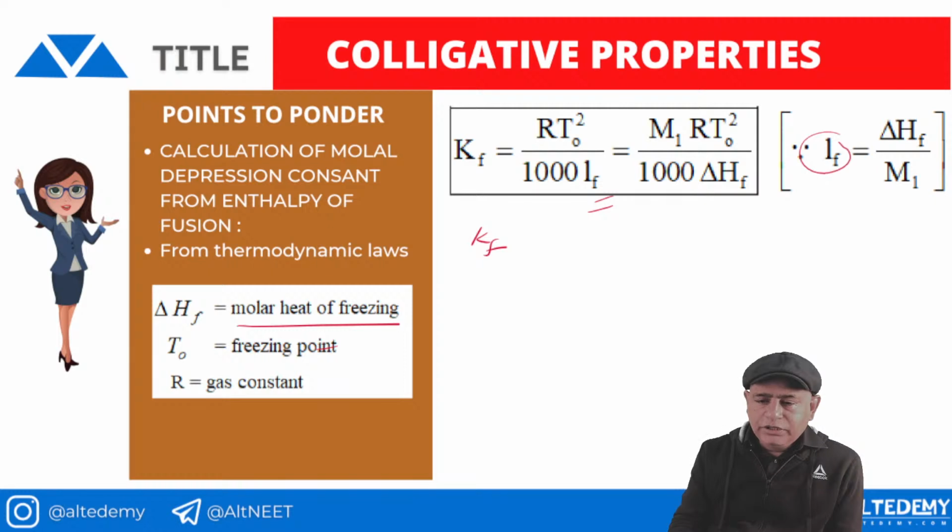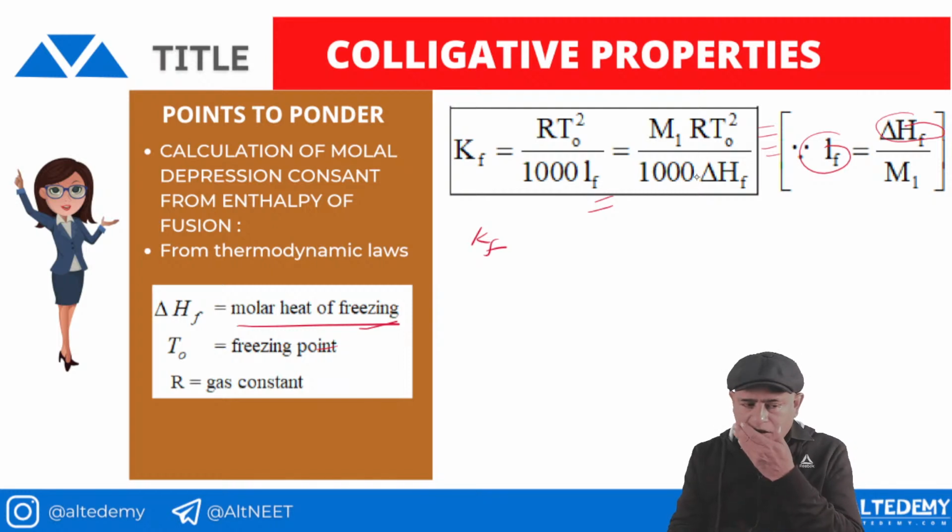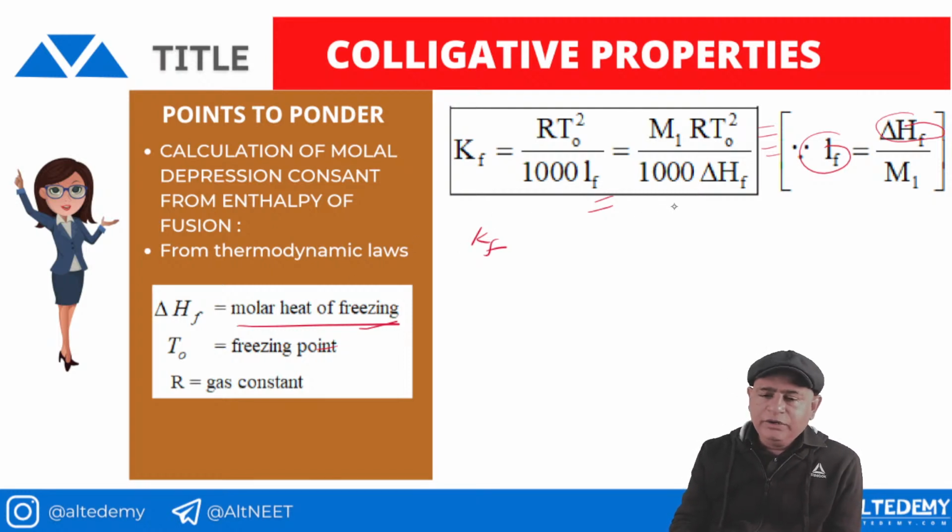And latent heat of fusion and molar heat of freezing are related with this expression, and either you can write R T0 square upon 1000 into LF. Sometimes in the question latent heat of fusion, LF, has been given, and sometimes in the question molar heat of freezing has been given. So these two are one and the same expression. If you put at the place of LF delta HF upon M1, you get the same expression. So latent heat of fusion and molar heat of fusion, both the things can be chosen to express this.